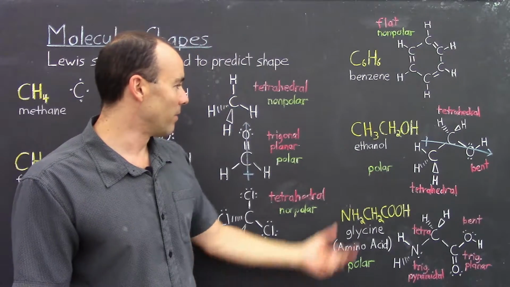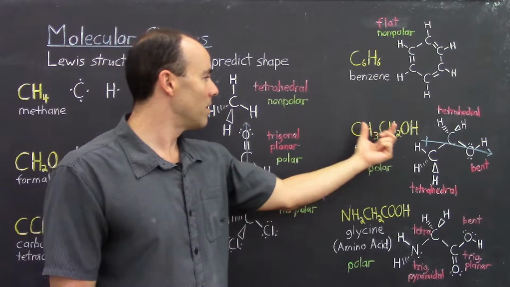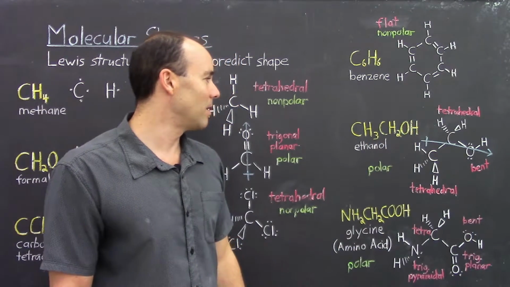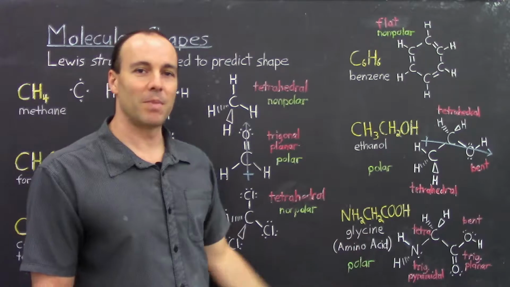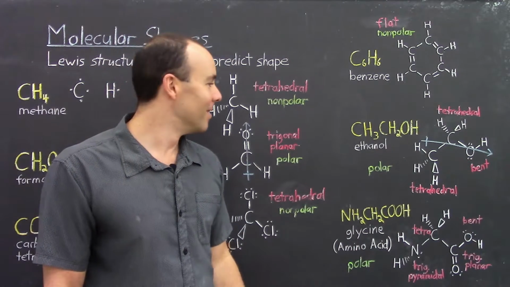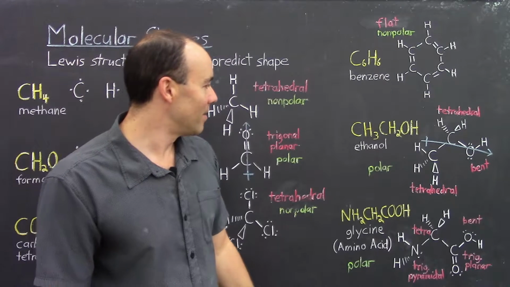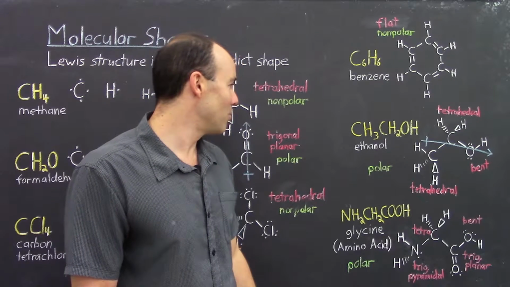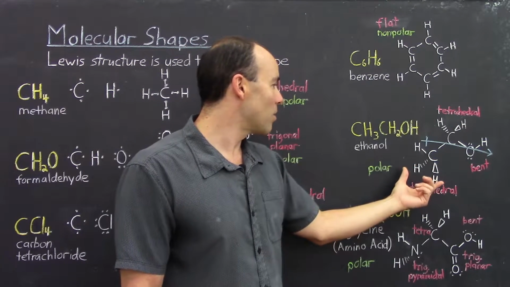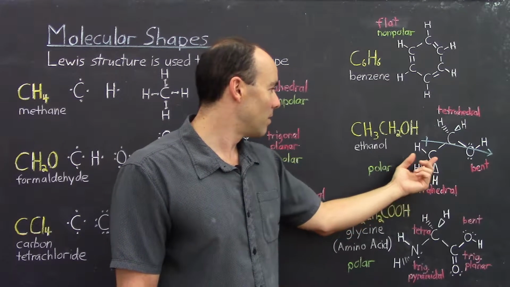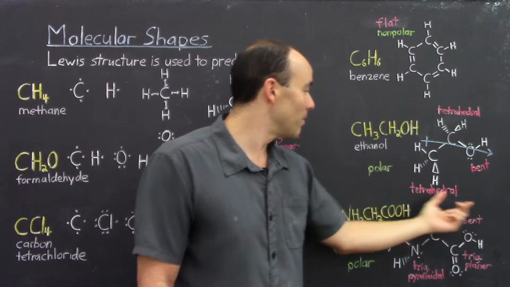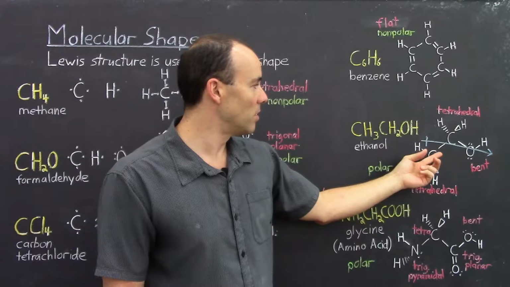Ethanol, the formula for ethanol is CH3CH2OH. The formula being given in that fashion because you're trying to be guided towards the correct structure and shape. When you draw its structure, you end up having your CH3 group, CH2 group, and OH group. This carbon is tetrahedral.